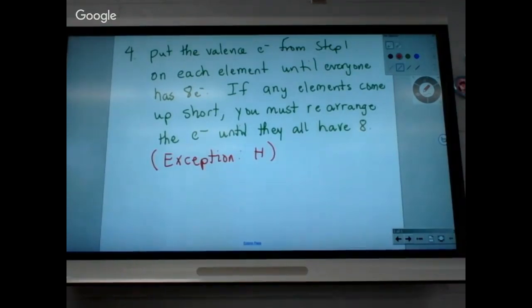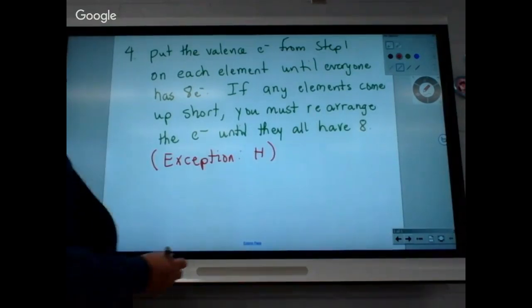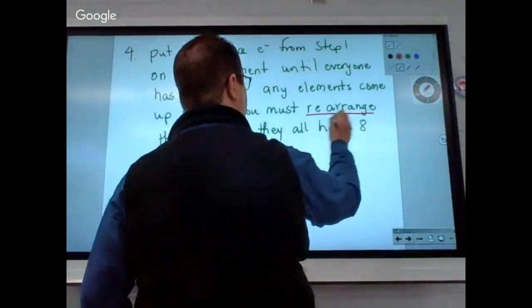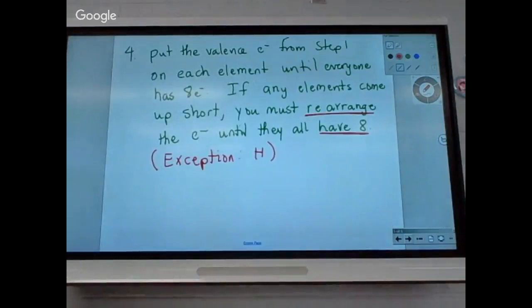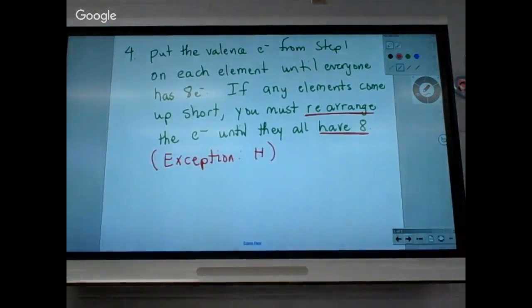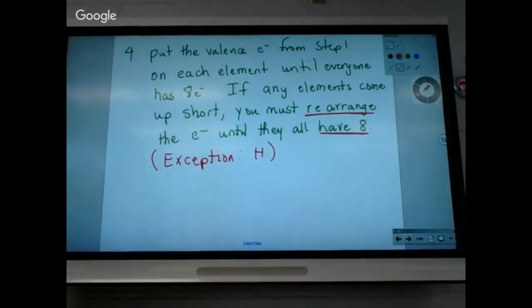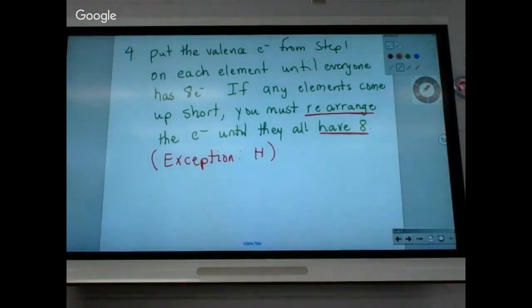If everybody doesn't have 8, you have to rearrange until they have 8. Now, we're going to start easy. Everybody's going to have 8 initially until you figure out how to draw Lewis structures.